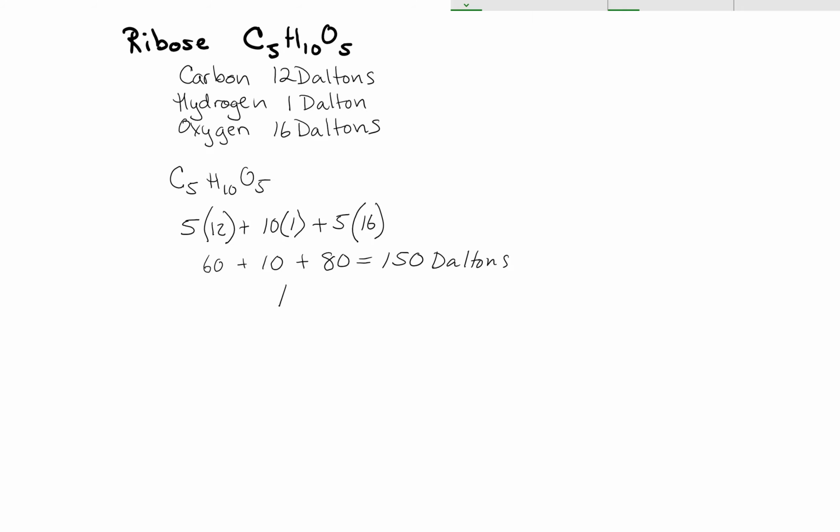Now that means, right, so 1 molecule of ribose has a mass of 150 daltons. If you remember from chapter 3, when we were talking about molecular mass, and we were also starting to talk about molarity, we reviewed the fact that a mole of a particular substance is 6.02 times 10 to the 23rd molecules of that substance.